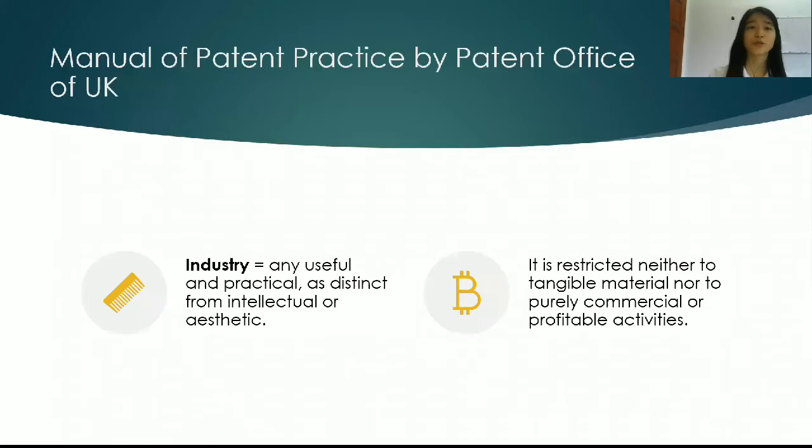And according to the Manual of Patent Practice by the Patent Office of UK, industry is defined as any useful and practical activity as distinct from intellectual or aesthetic. And it is restricted neither to tangible material nor to purely commercial or profitable activities.